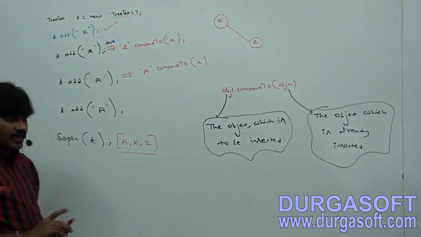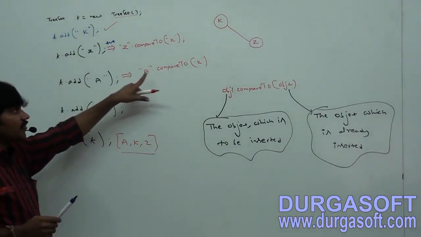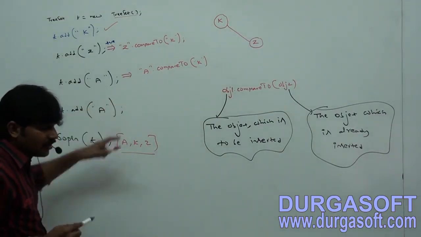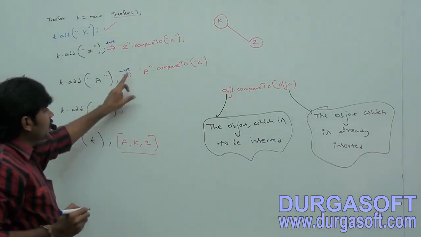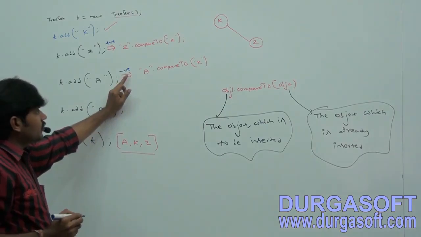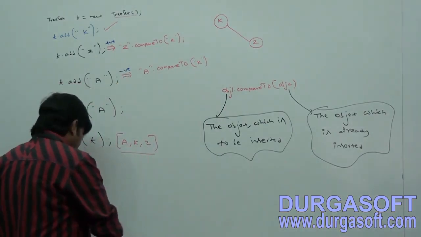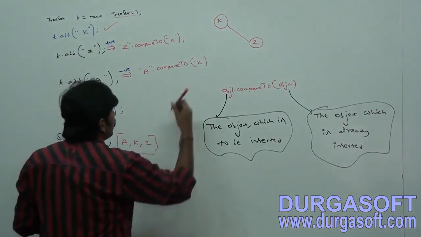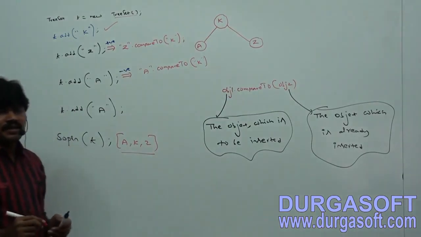Should A come before K or after K? Before. It returns a negative value. Seeing the negative value, A will be placed before K, on the left. A got placed.